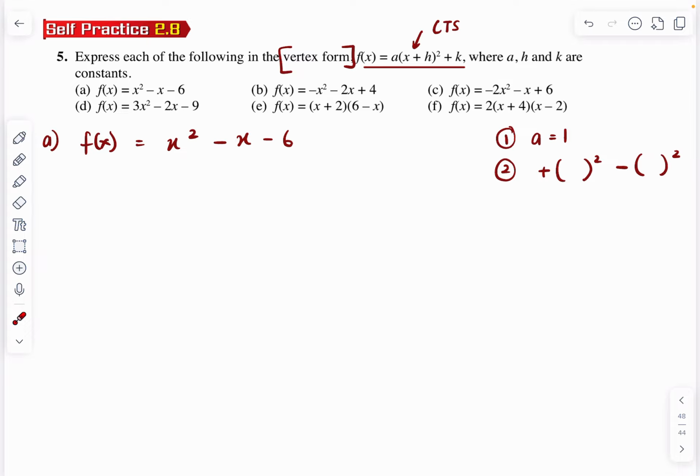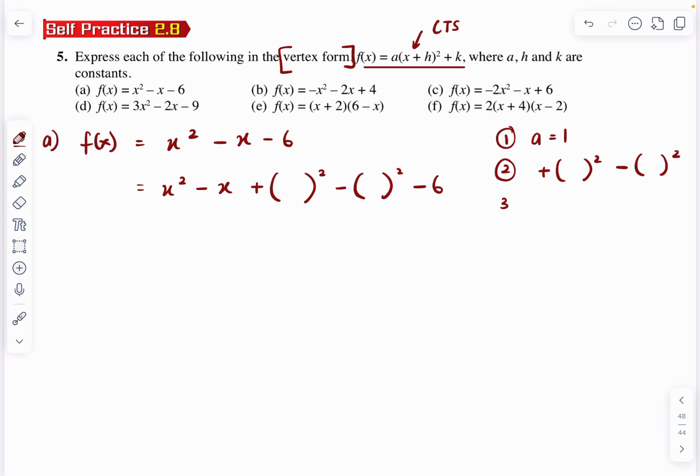This must be in between B and C here. So the next step will be x squared minus x plus bracket square minus bracket square. Okay, so we add this in the middle here, then we continue minus 6.